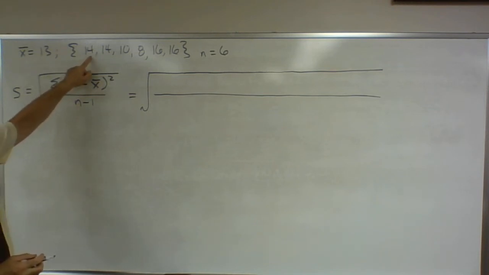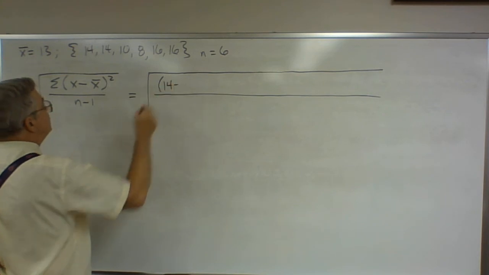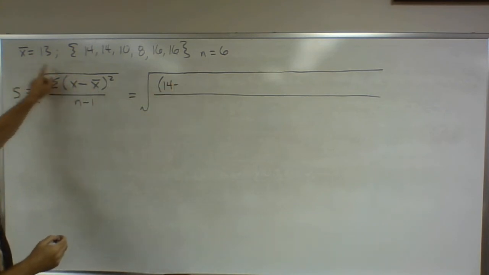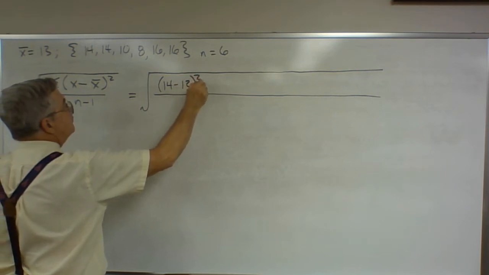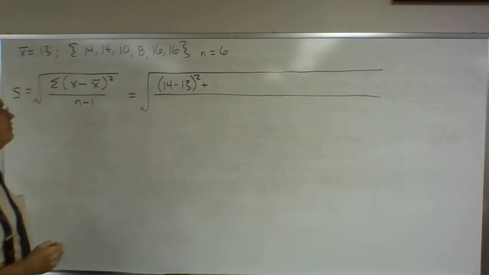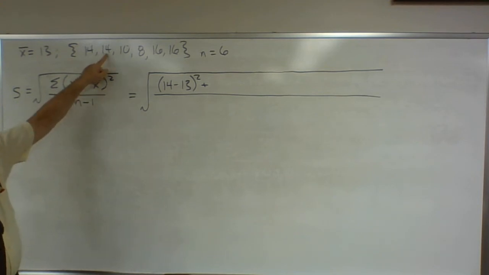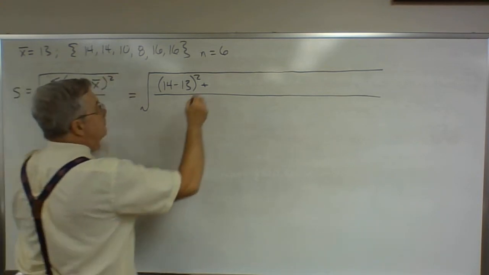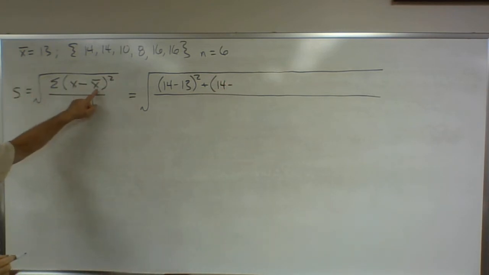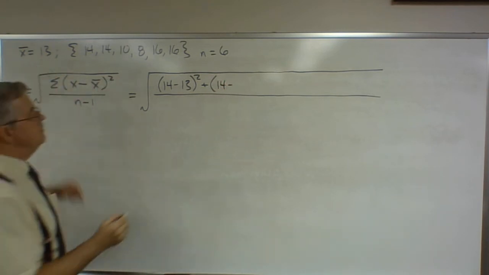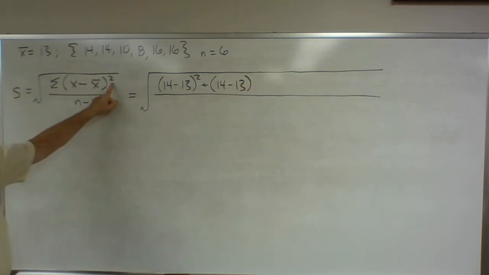Here's the first data value, 14. We take 14 minus the mean, 13, and square it. Then we go on to the next data value, 14, subtract the mean, 13, and we square it.